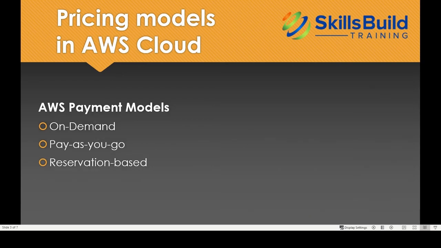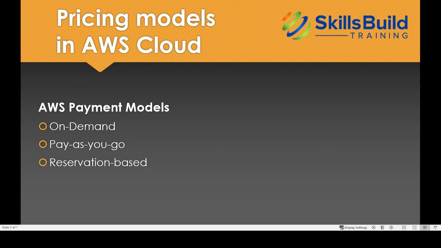AWS offers on-demand, pay-as-you-go, and reservation-based payment models, enabling you to obtain the best return on your investments for each specific use case. AWS services do not have complex dependencies or licensing requirements, so you can get exactly what you need to build innovative, cost-effective solutions using the latest technology.